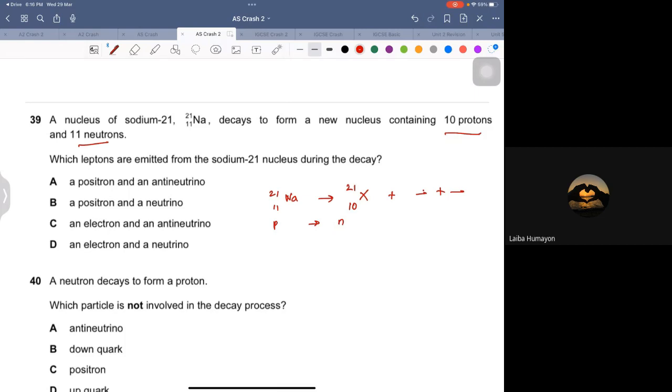So whenever a proton is converted, what is released then? Anti-neutrino.